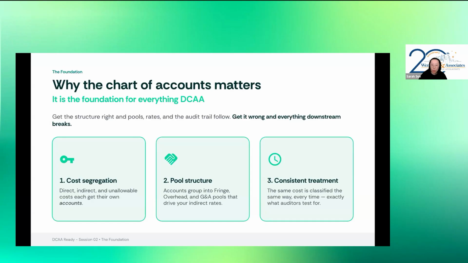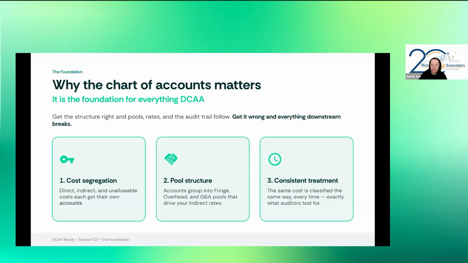Secondly is the cost pool structure. So the individual accounts are grouped into indirect cost pools, such as the Fringe pool, overhead pool, and G&A pool, general and administrative pool. These pools will later be used to calculate indirect rates and allocate shared costs across contracts.